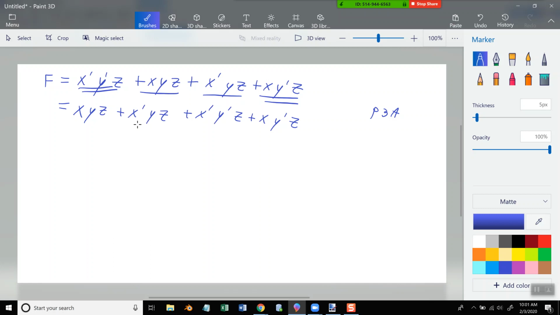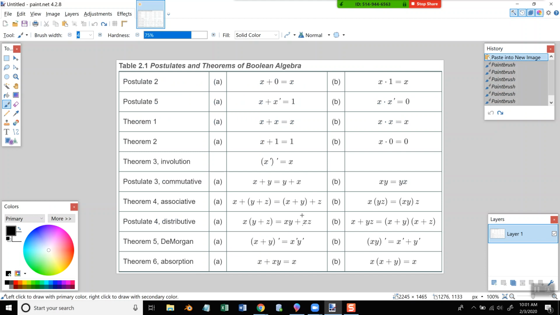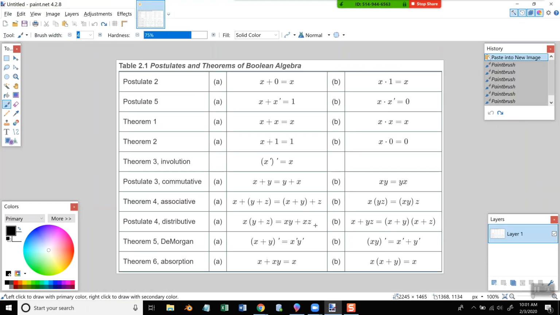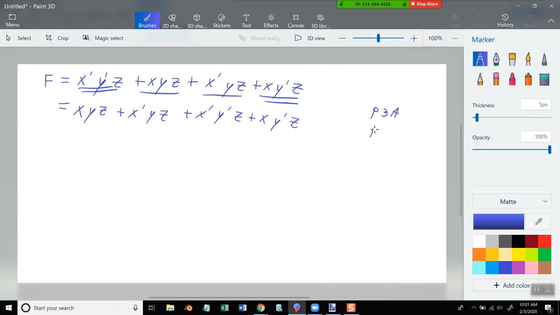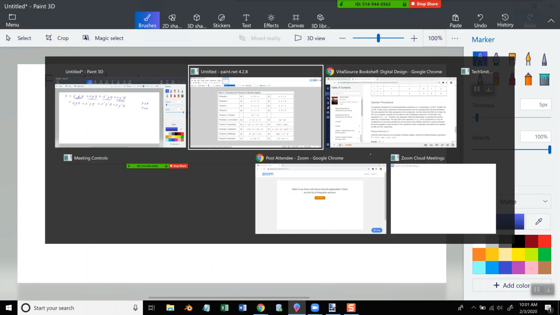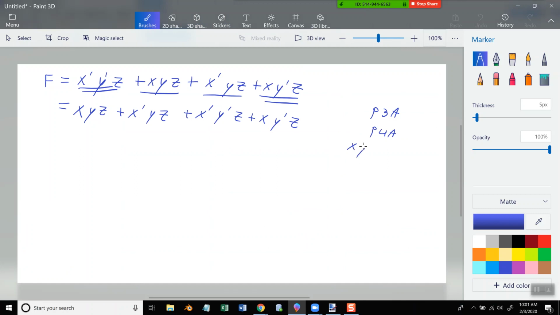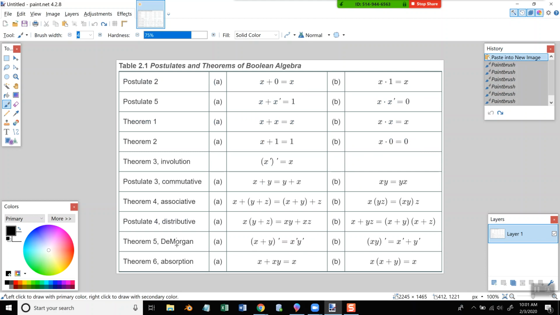Okay, now if I focus on the first two terms, I notice they both have a yz. And notice that postulate 4a says xy plus xz is equal to x times y plus z.